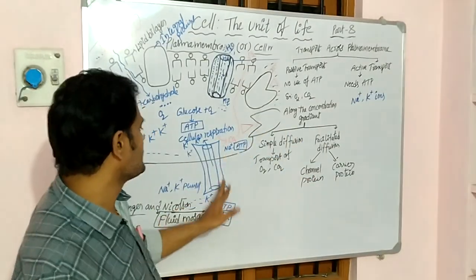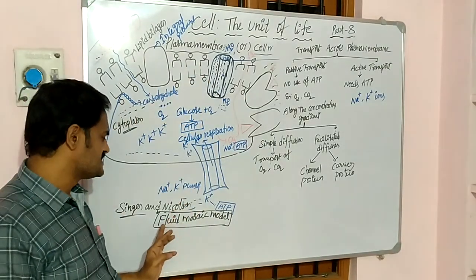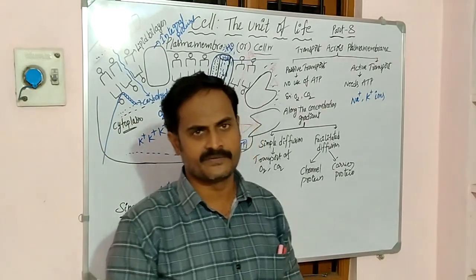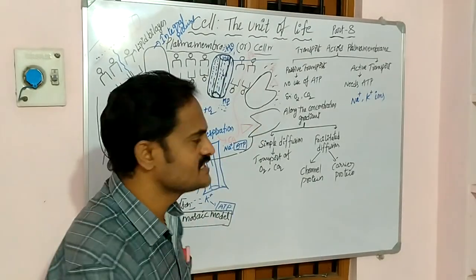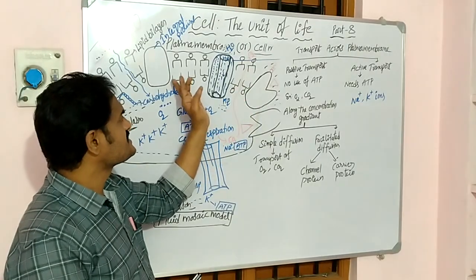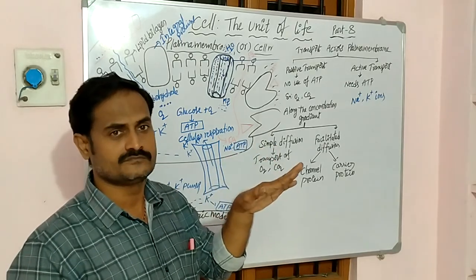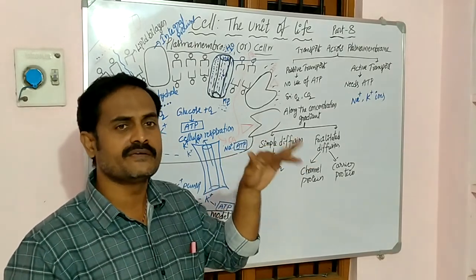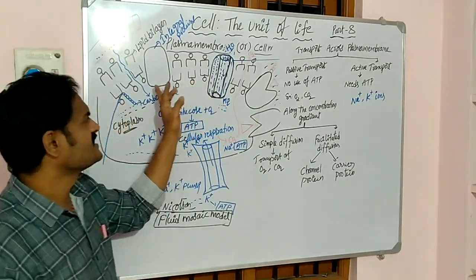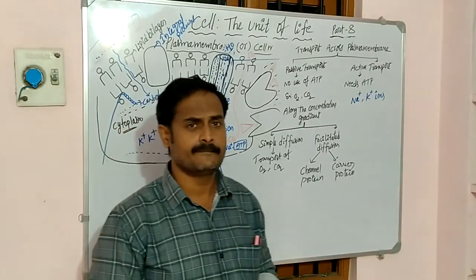For that reason, they called the plasma membrane a fluid mosaic model. Remember that: the proteins present in the lipid bilayer are always moving. Moving means they are bobbing. So for that reason, this membrane is called the fluid mosaic membrane.